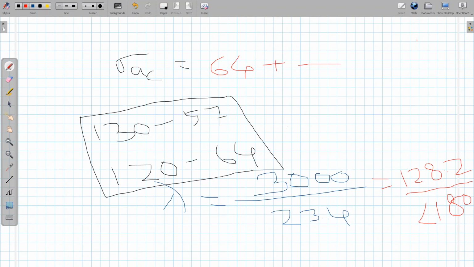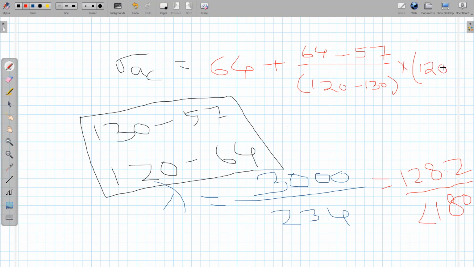Plus the difference. The difference is 64 minus 57 divided by 120 minus 130, multiplied by the target.